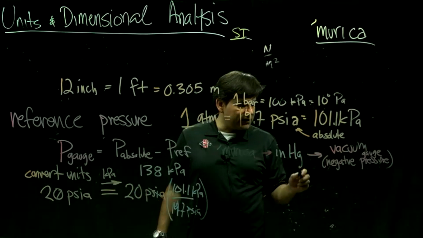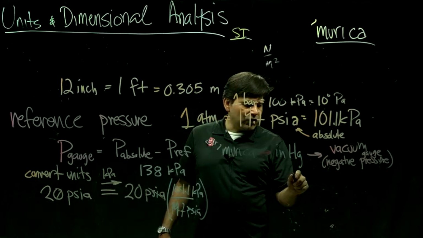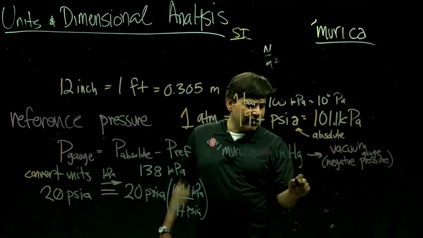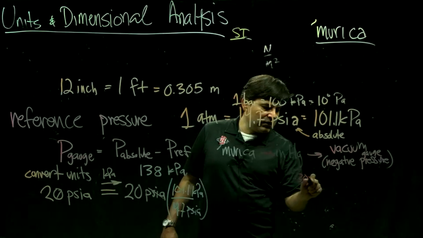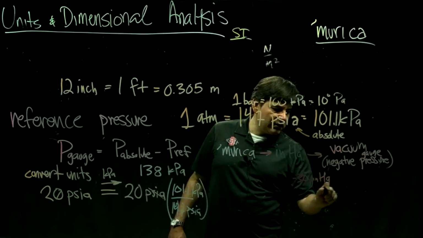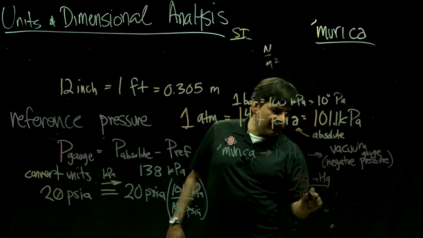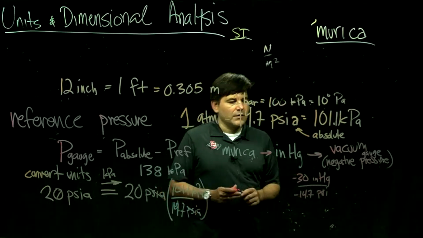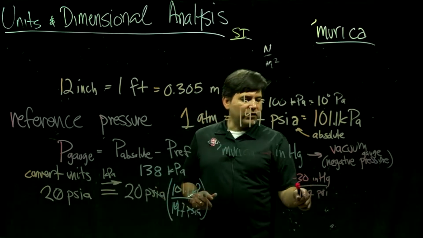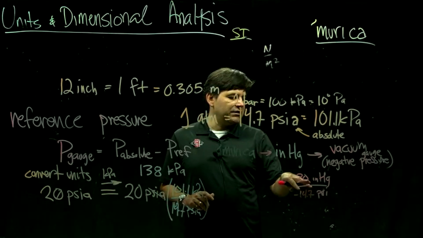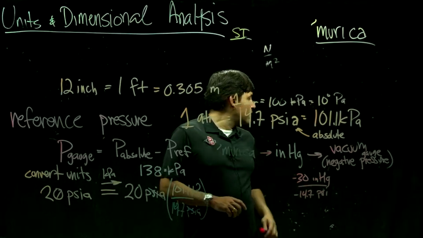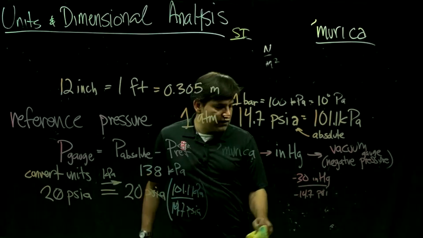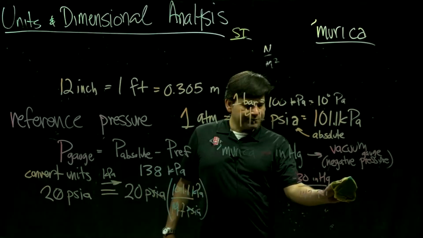For some perspective, negative 30 inches of mercury is about negative 14.7 psi. So it's about double. The units of psi as a negative gauge break down into about double for inches of mercury.